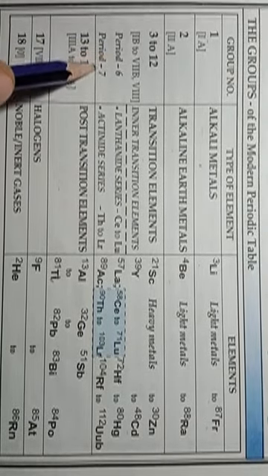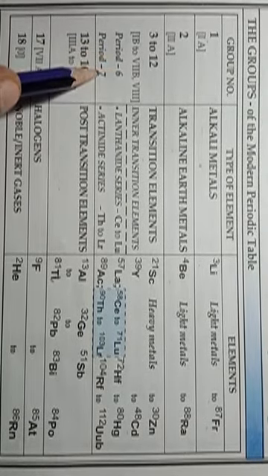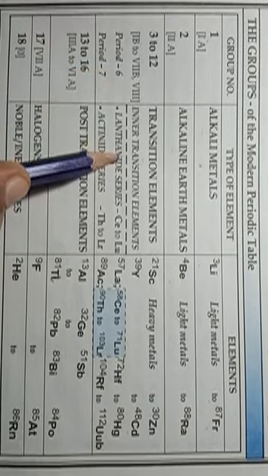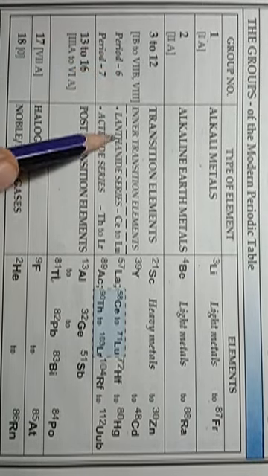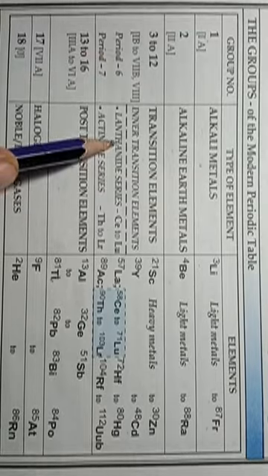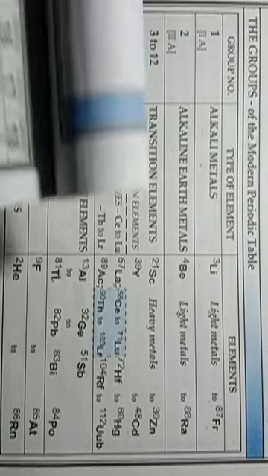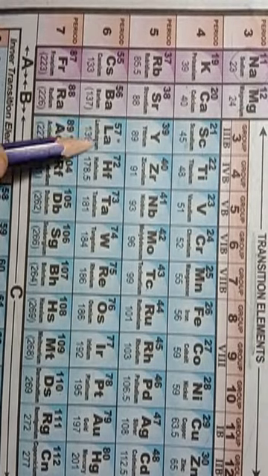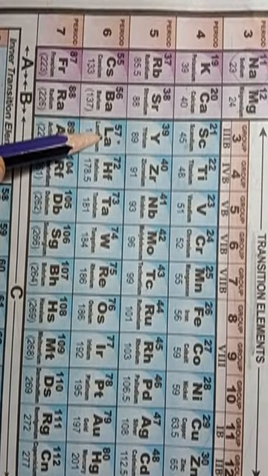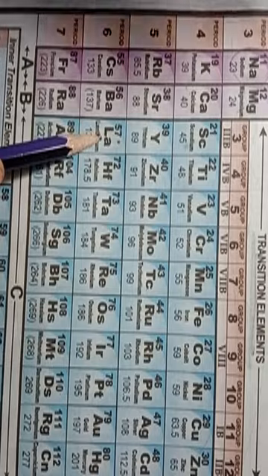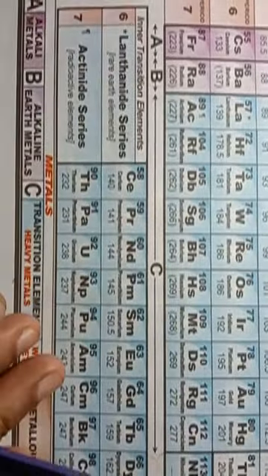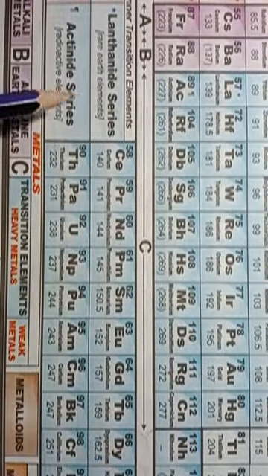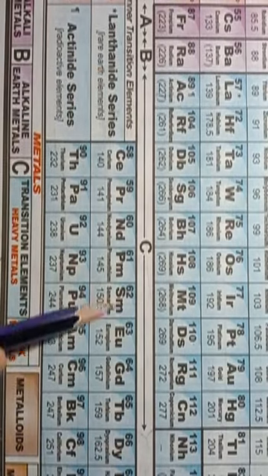Now, period 6 and 7 of group 3. Period 6 of group 3, after lanthanum, 14 elements are present separately in the form of the lanthanide series.